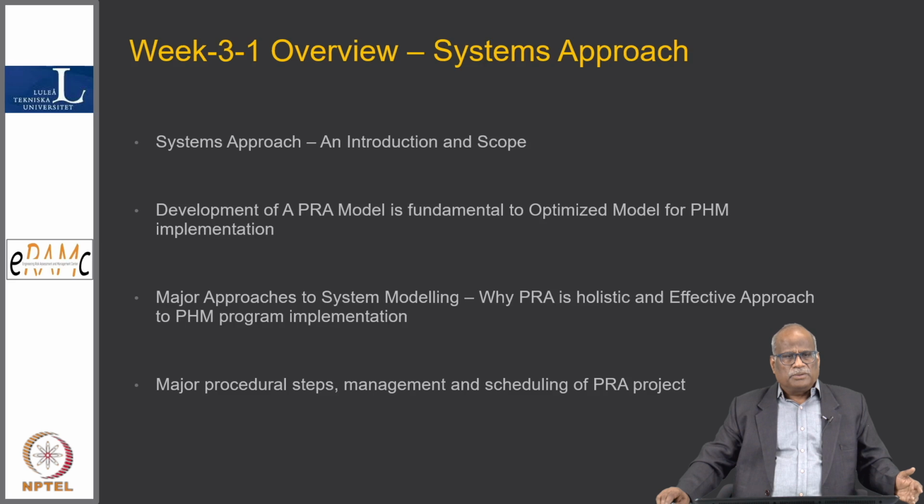That is why we are talking about the optimization modeling of major approaches to system modeling. We will discuss that in the next slide. Here we have discussed some fault tree and event tree analysis, but that will be expanded in the next lecture. Major procedural steps that we have seen in PRA.